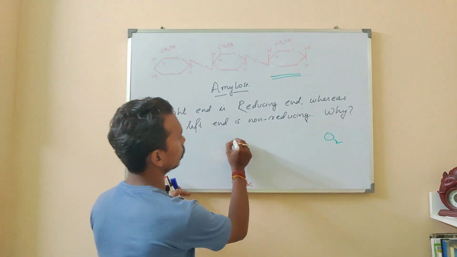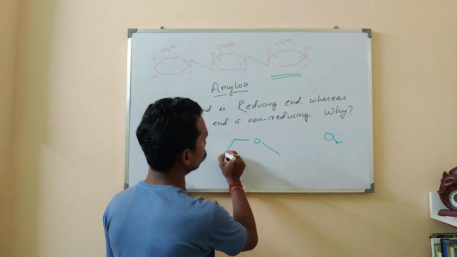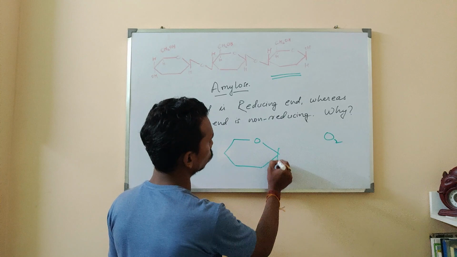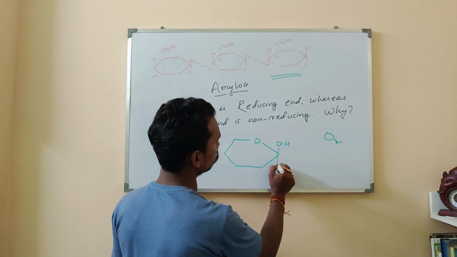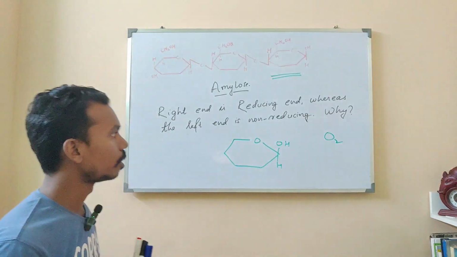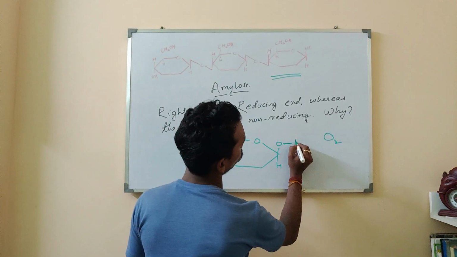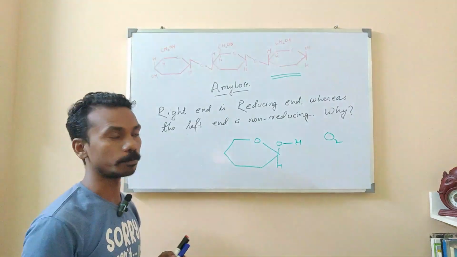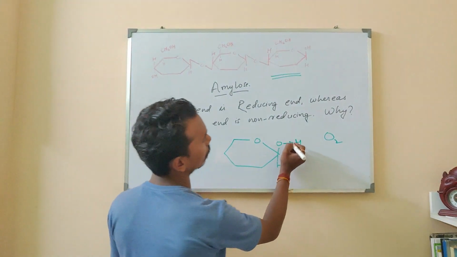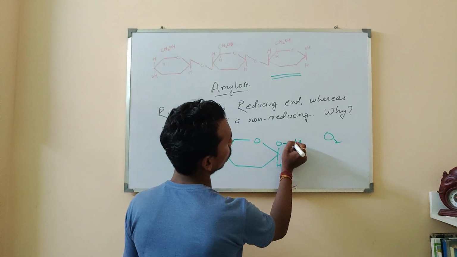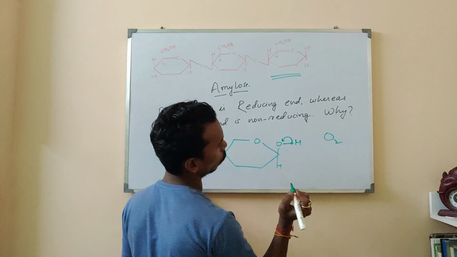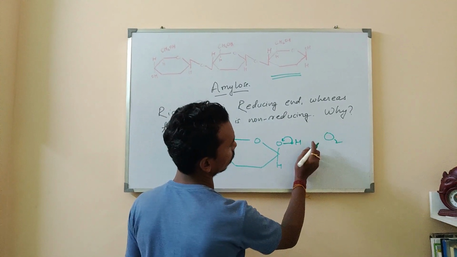Let's see, there is the right end glucose molecule, and this glucose molecule has a hydroxyl group here and the hydrogen here. What happens here? The bond between this oxygen and hydrogen, this electron is snatched by this oxygen, and this hydrogen is free now.